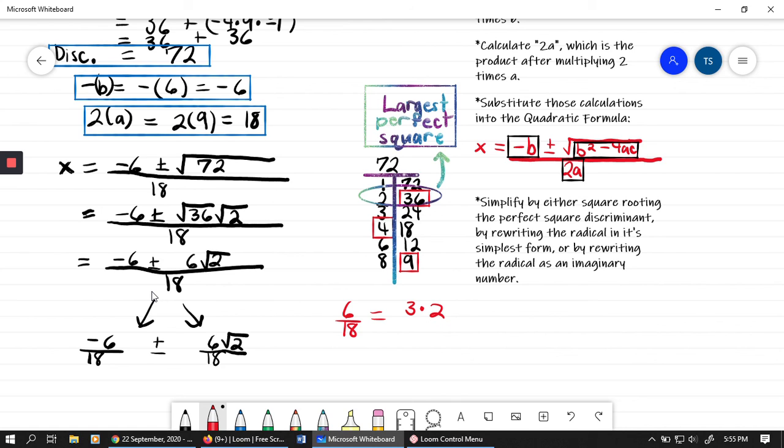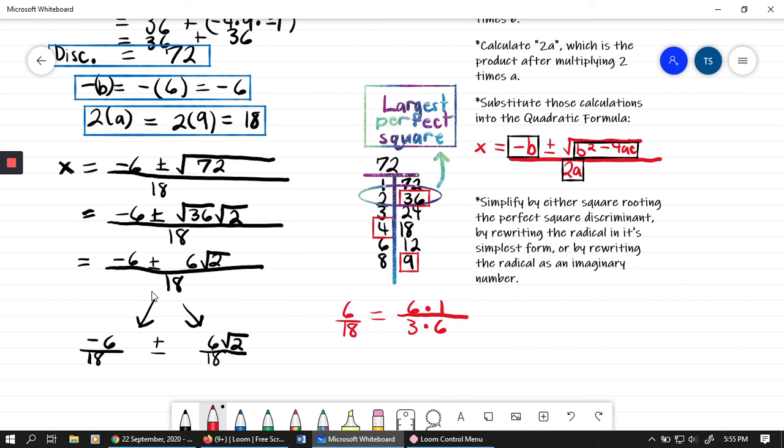So 6 is the same thing as 3 times 2. 18 is the same thing as 3 times 6. And actually, they have an even greater common factor than that. Because 6 can be written as 6 times 1, or 1 times 6, however you want to think of it, right? 6 times 1, 1 times 6.